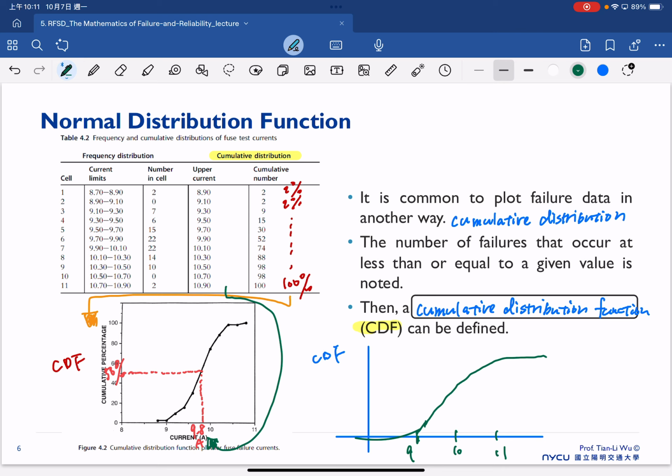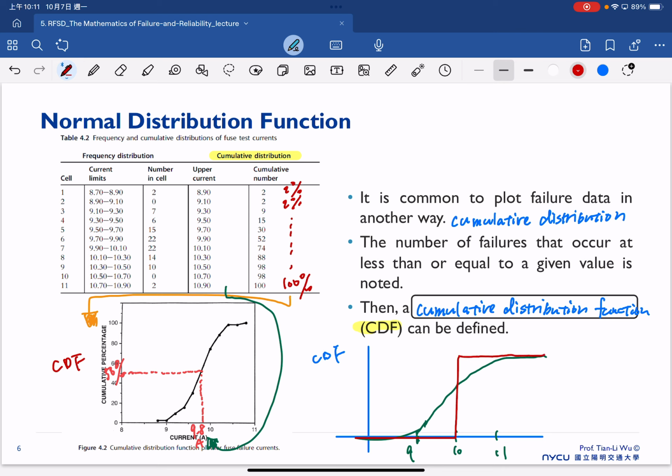So that's one case. Another case is we test, there's no failure until we reach 10 amp. All the devices fail at 10 amp.